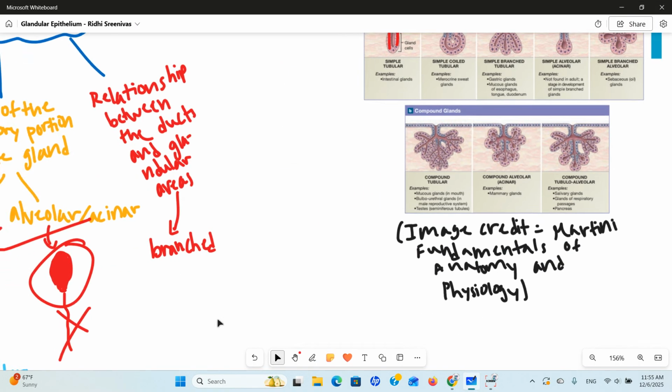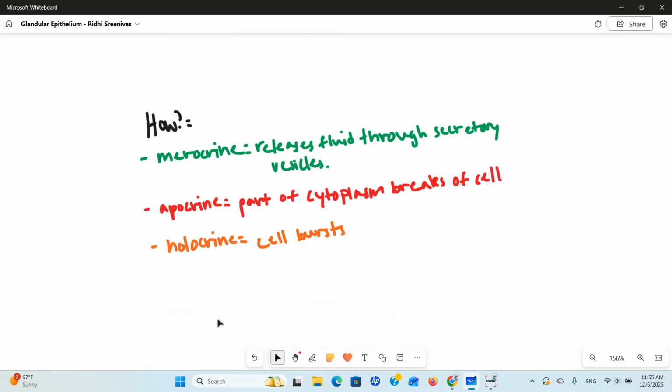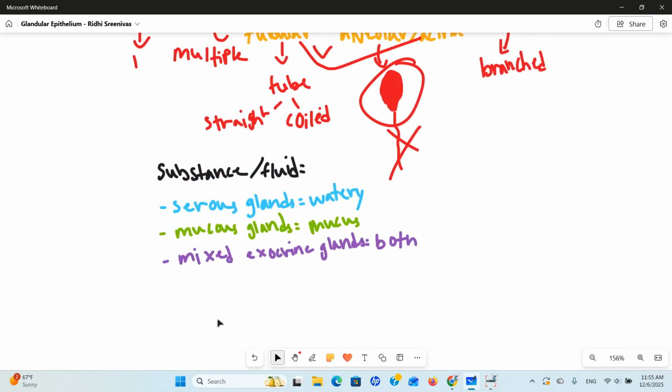But now, let's move on to our second main classification area. We went over the structure. Now let's look at how to classify the exocrine gland based on the type of fluid it makes.